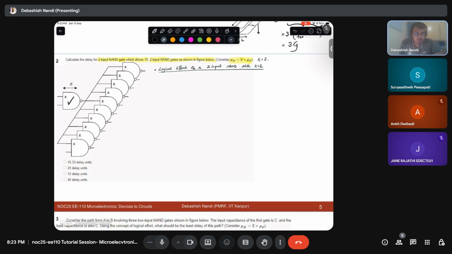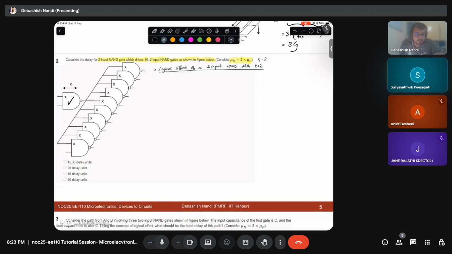You should have some logic behind the calculation. Just by mugging up the formula, if one question you know the formula, you can answer. What about if some different values will be asked in the exam? What will you do? Tell me how did you find out this 15.33?